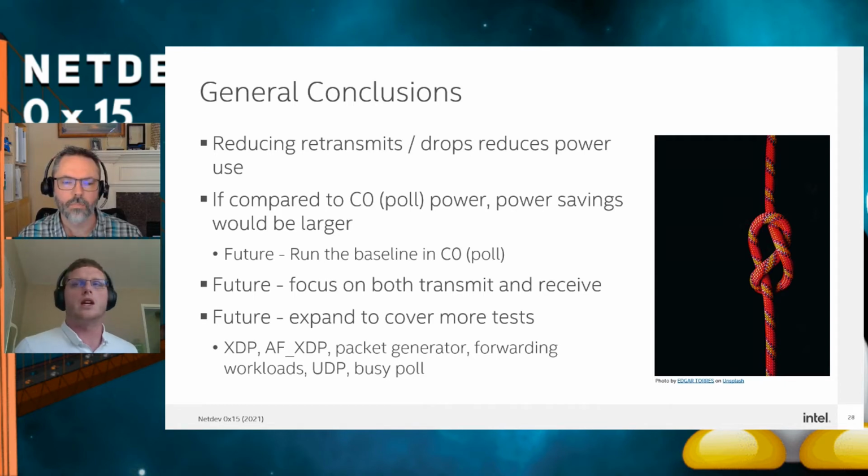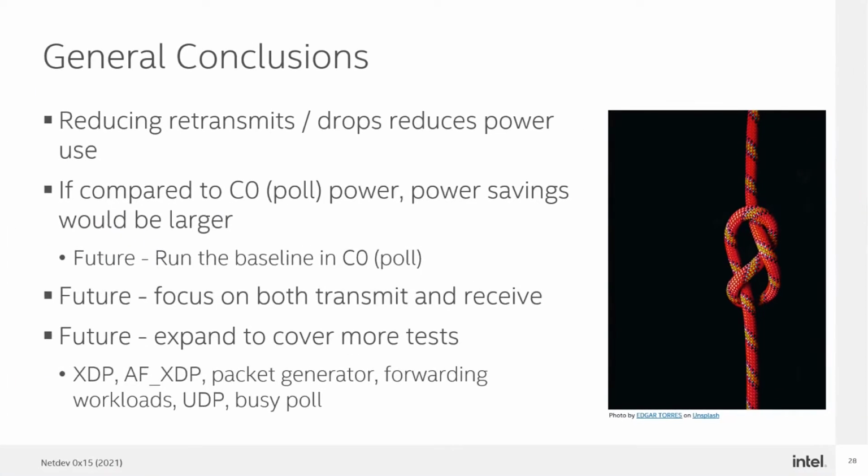We'd also like to incorporate transmit performance into the logic. And we want to expand the testing tools to use something like XDP, AF_XDP, or other packet generators, and possibly forwarding workloads. Next slide, please.